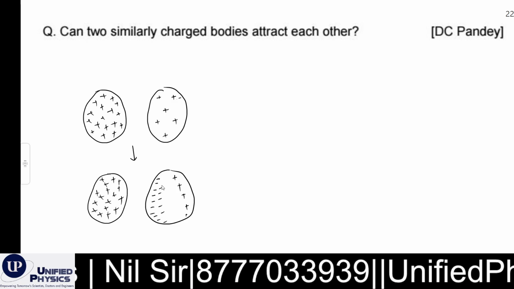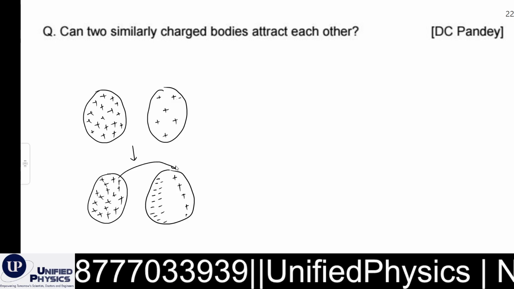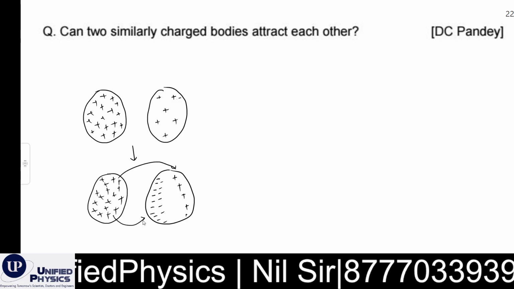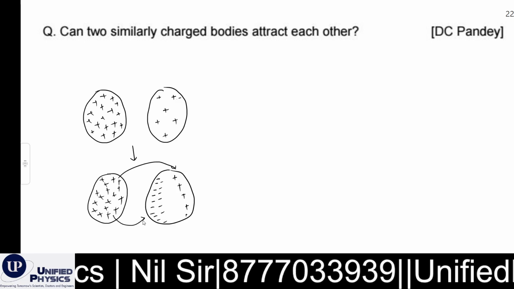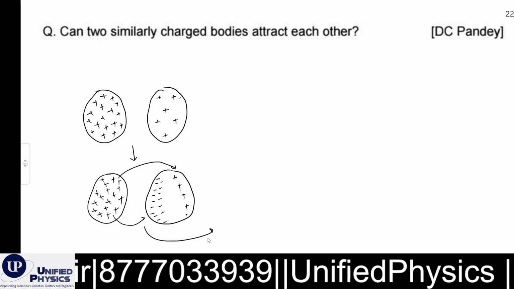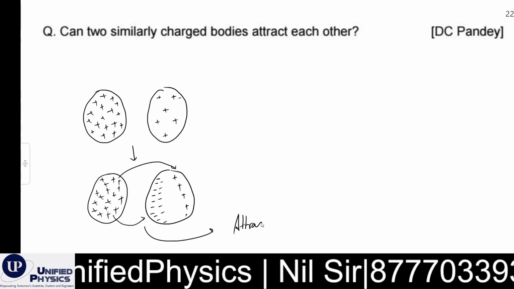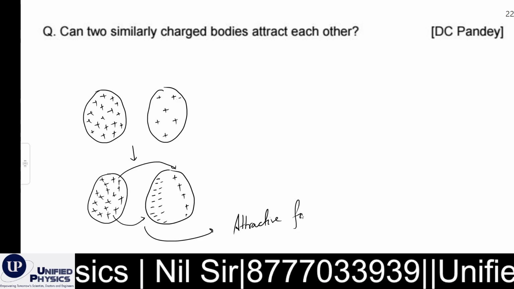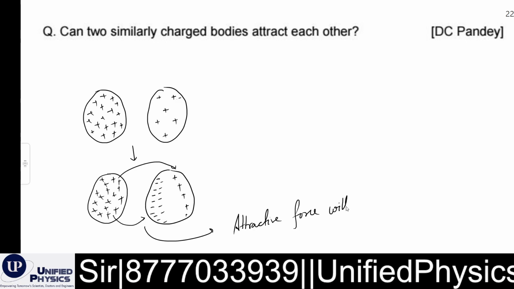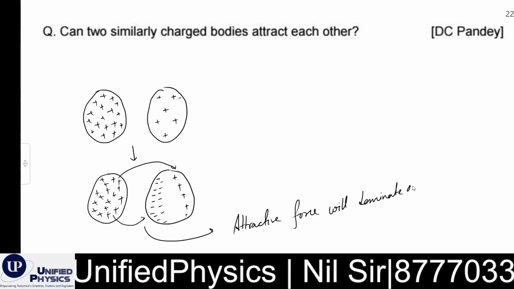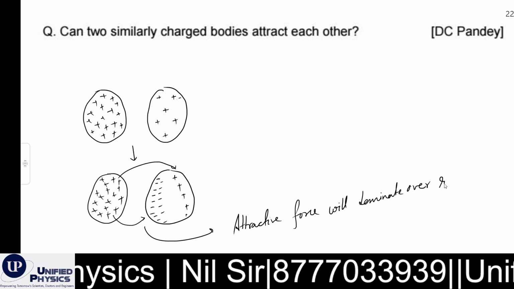Now this repulsive force will be less compared to the attractive force between these two charges. That's why in this case the attractive force will dominate over the repulsive force.